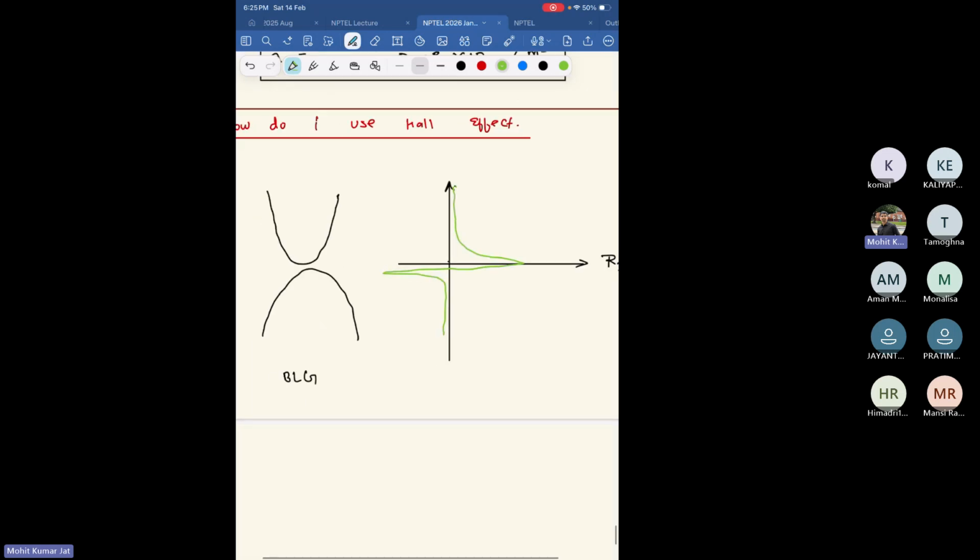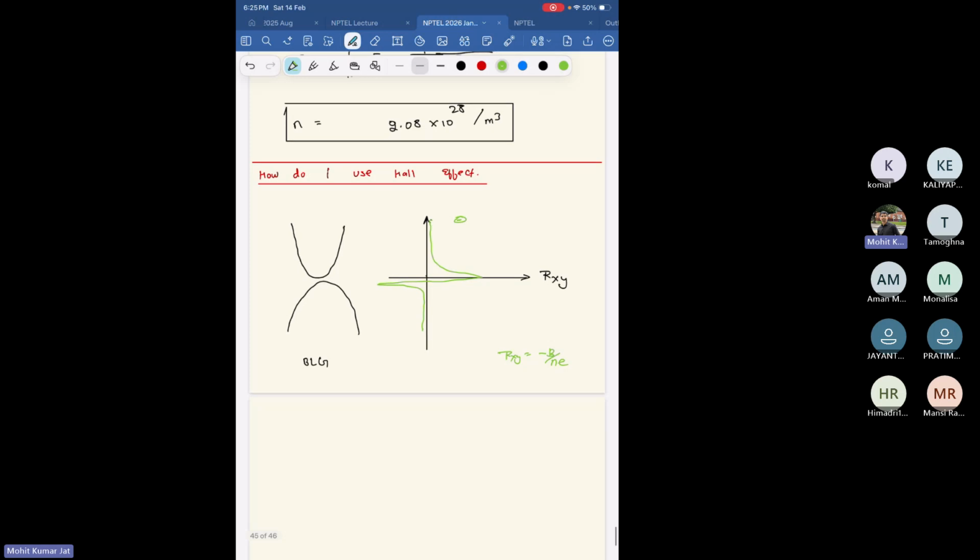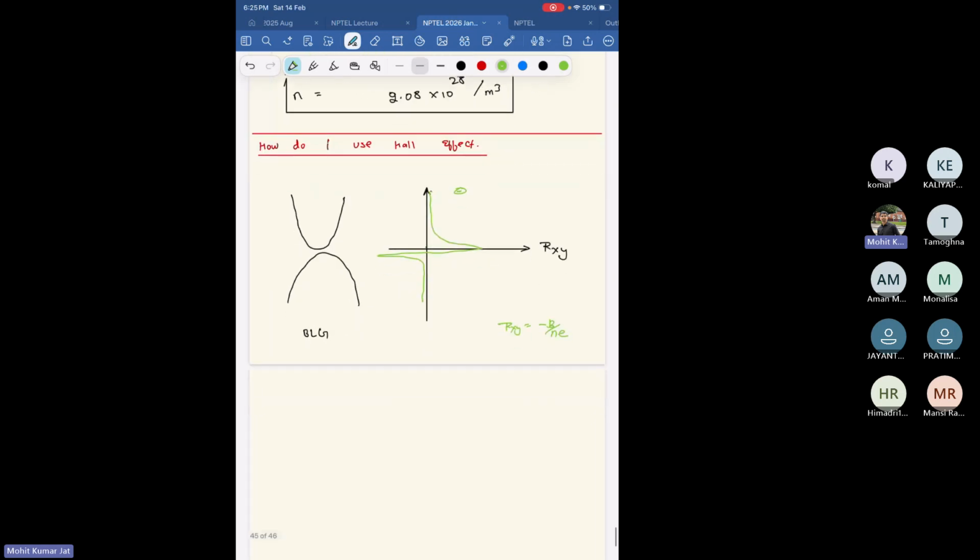At this carrier concentration, RXY shoots up because RXY is nothing but minus B by NE. This is at a finite magnetic field, of course. So on this side, your electrons are negatively charged, so the RXY signal is positive. On the other end, it's negative. It's just a matter of how you define it with the magnetic field direction also. But this is how the RXY you will get.